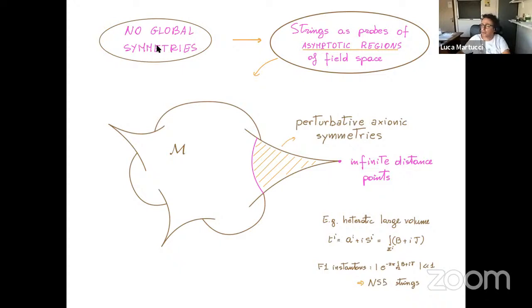And indeed, as it happens in string theory, such axionic shift symmetries are at best realized in some perturbative regime, and are broken by exponentially suppressed non-perturbative corrections.